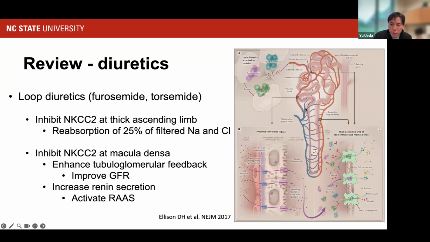It travels through the lumen, through the loop of Henle, and finally reaches the thick ascending limb of the loop of Henle, where it inhibits sodium potassium 2 chloride transporters, working as a diuretic.